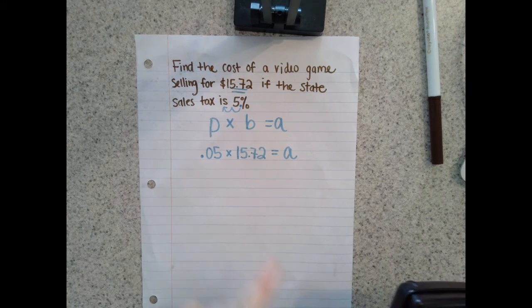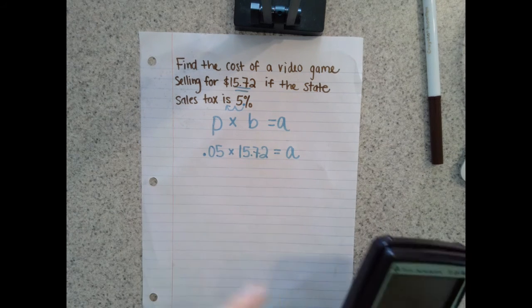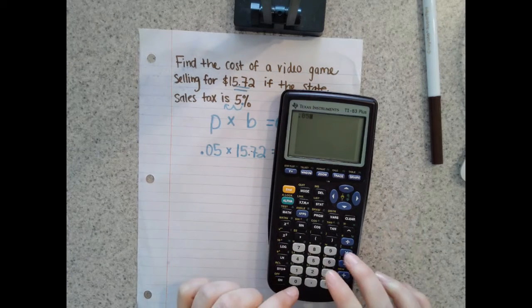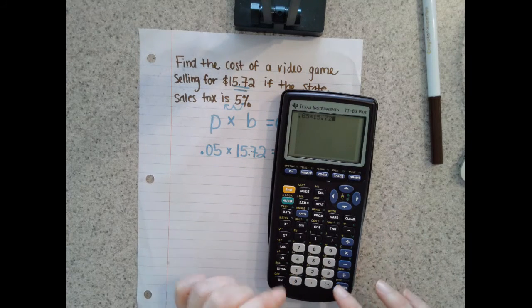To find the part, we need to do some multiplication. So I'm going to take my calculator. 0.05 times $15.72 equals 0.786.